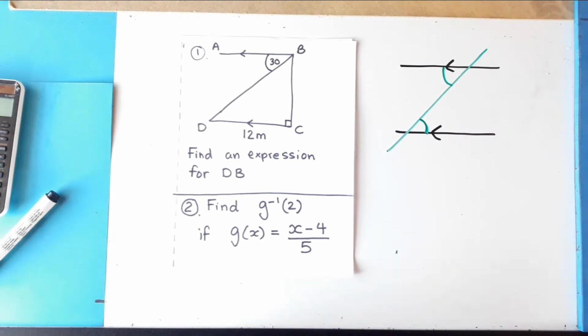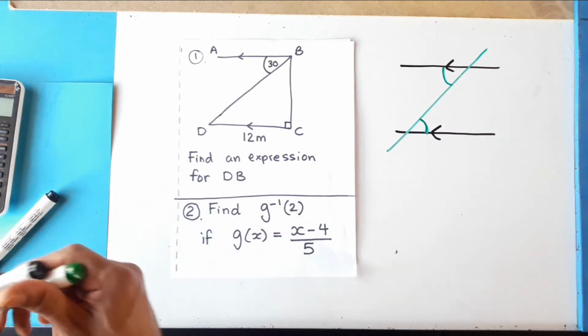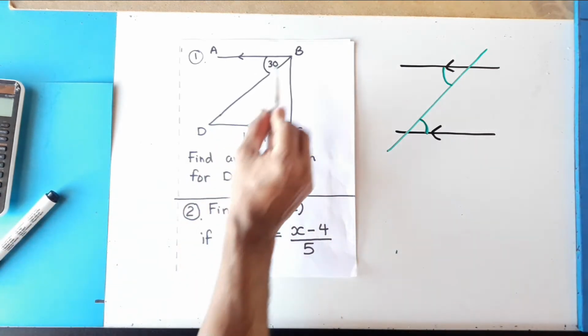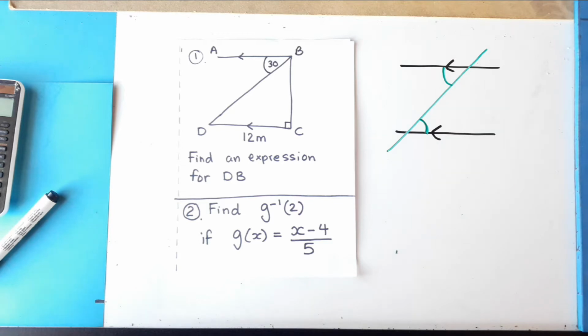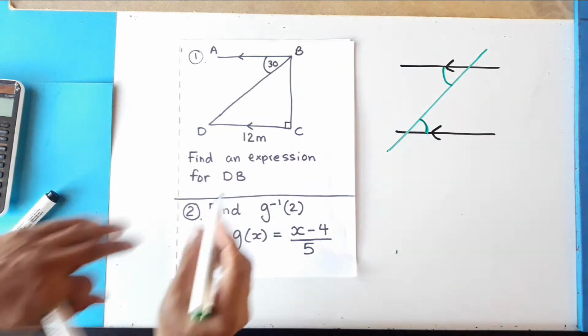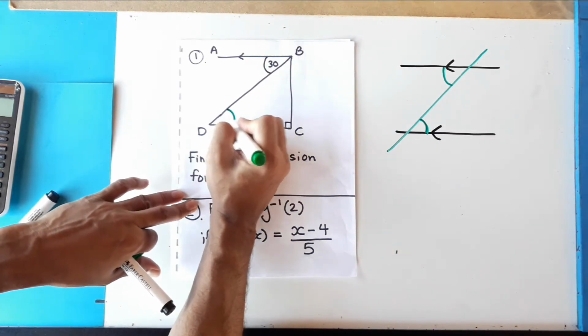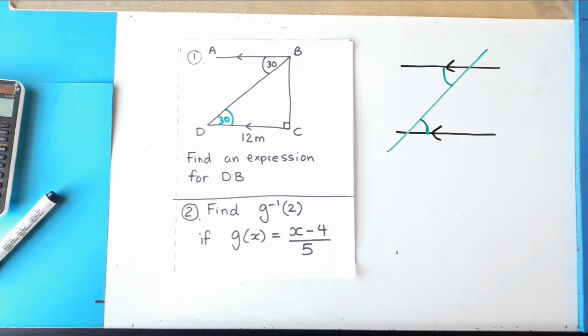So by just looking at this question, there's a parallel line here and another parallel line here, which means that if this angle is 30, then this angle is also 30 degrees.